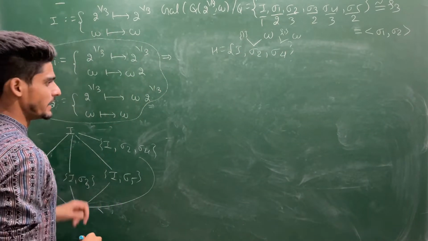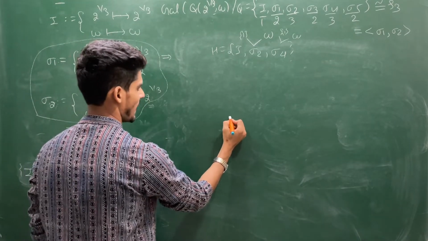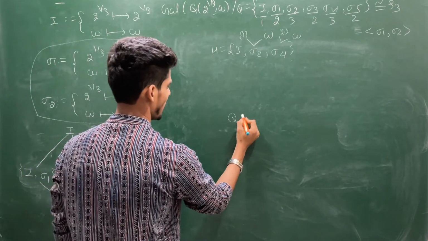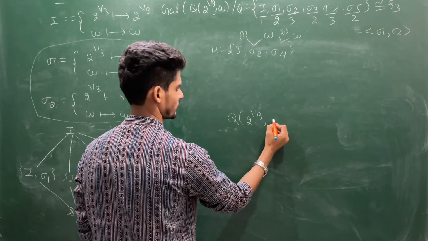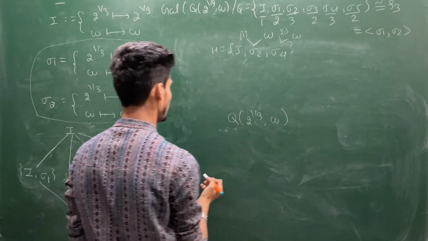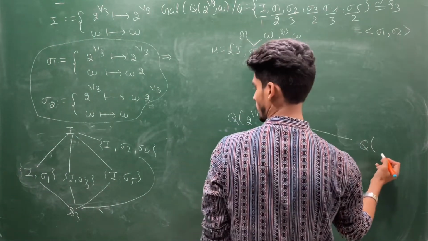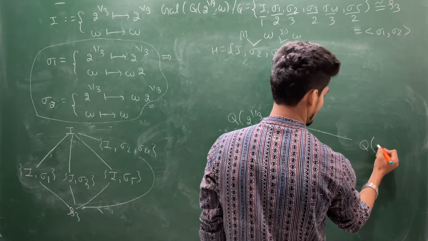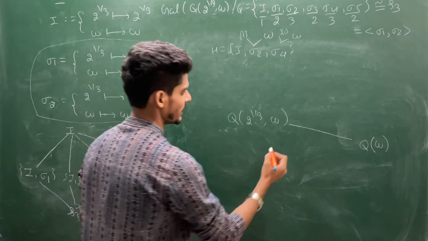So this identity fixes every element. So I will have this, and I will have this fixed field Q adjoin omega, and this is a 3-degree extension.